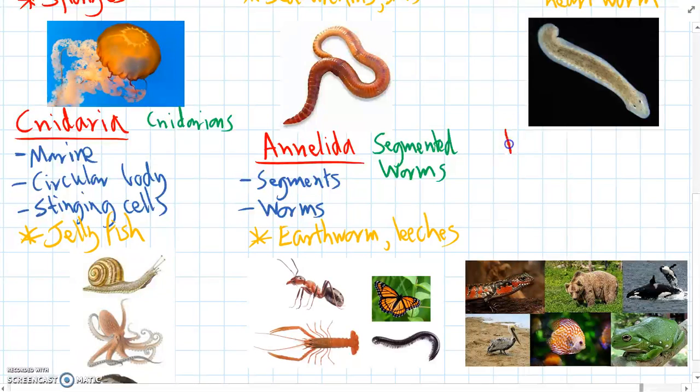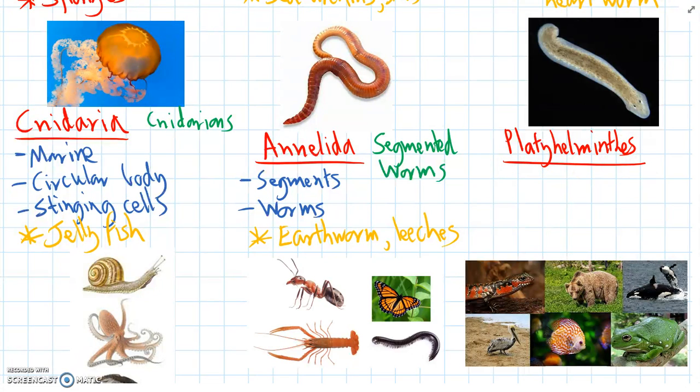The next phylum is called Phylum Platyhelminthes. And these are called the flatworms for short. Mostly because they have a really flat body.